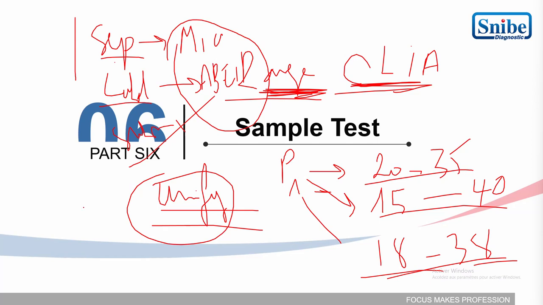When we compare, for example, negative results between one manufacturer and another manufacturer, we just compare if it is negative for both of them.